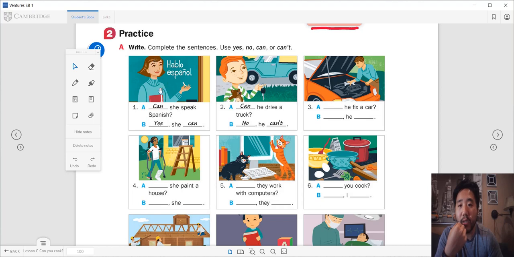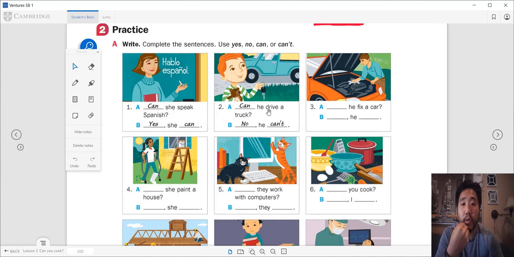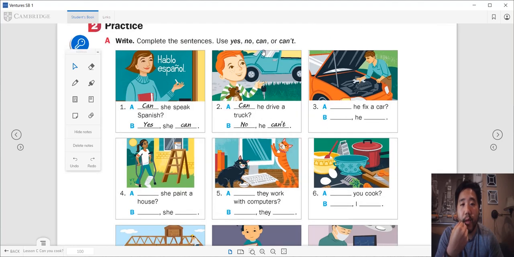And because she's able to teach it, we can say, yes, she can. Let's do a similar thing to number 2. Let's look at the picture. I see a car. There's a kid. We can say it's a kid because he's holding a teddy bear, and he's also holding a car key.